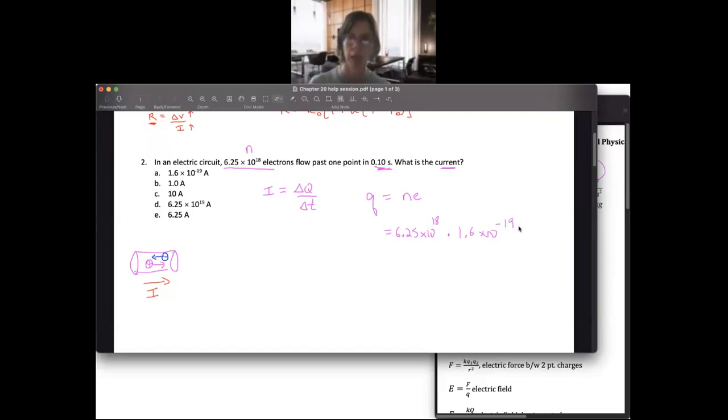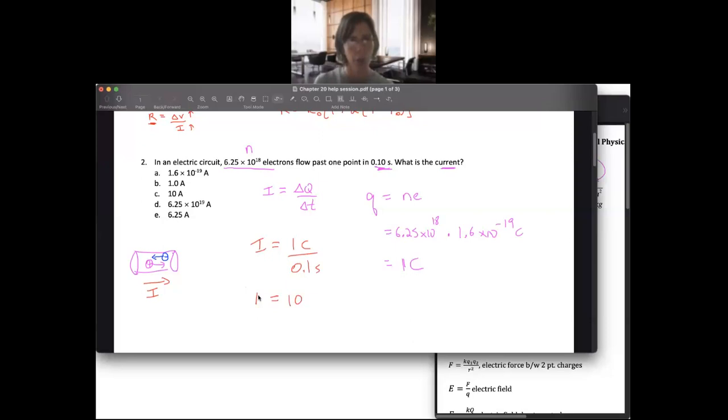So we're going to multiply these numbers together. And this gives us, I picked the number so that this gives us exactly 1 coulomb. And now we can plug that in here.